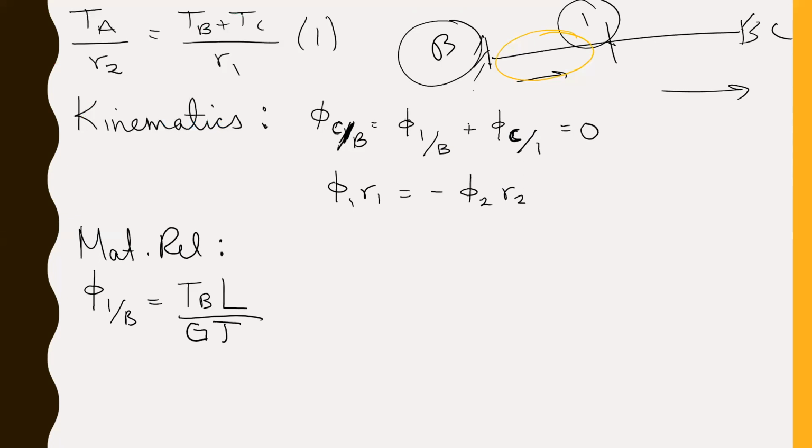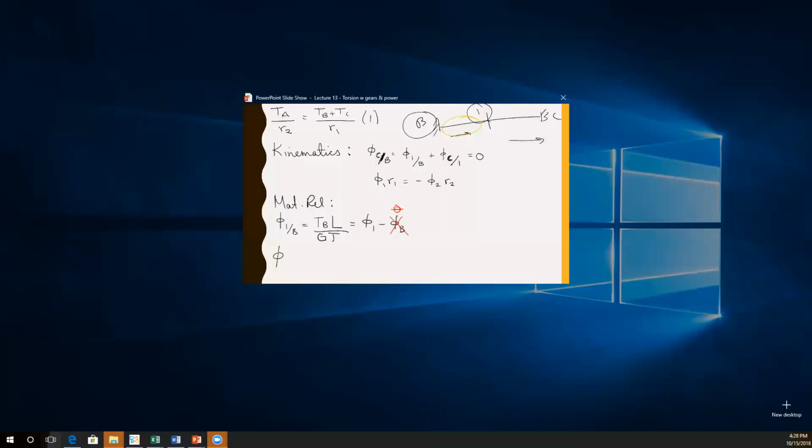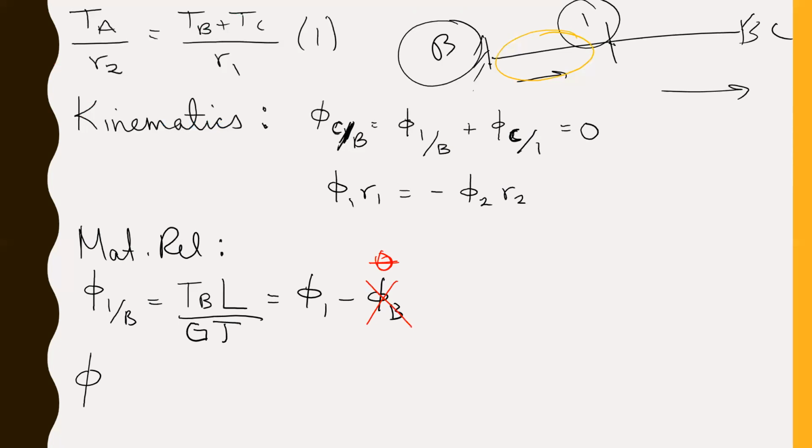Okay, so that is going to be this, and we know that's actually equal to phi 1 minus the rotation at B, but we know that rotation at B is 0 because it's stationary. We can do a similar equation for C relative to 1.